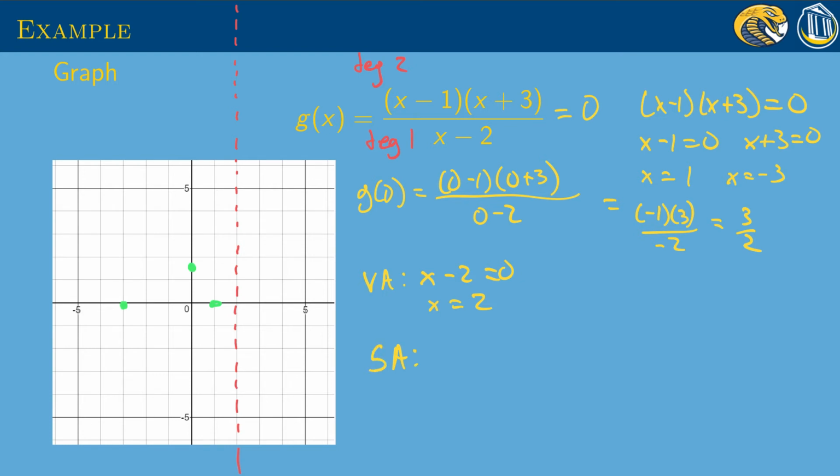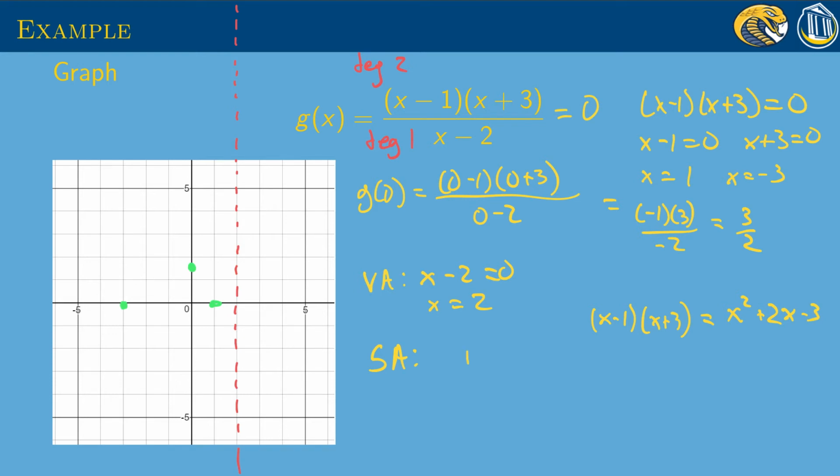In order to find it, we need to expand the numerator, x minus 1 times x plus 3. That gives us x squared minus x plus 3x. That's 2x minus 3.